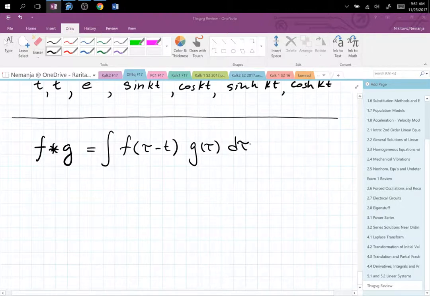Now, tau is just a variable that we use. We could have used m, or whatever other letter. It's just a Greek letter, the Greek equivalent of our t.